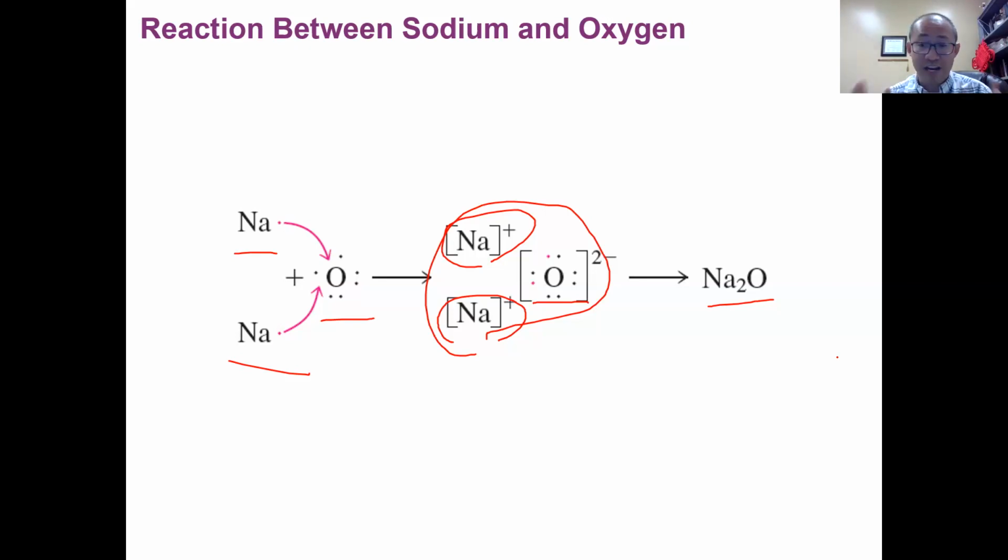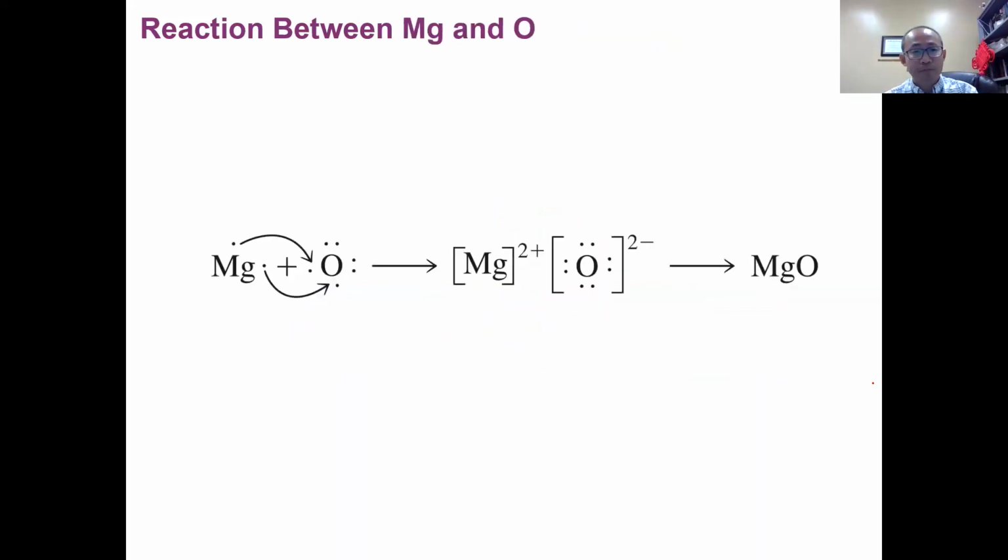Okay, I would know if you watch this video or not when you show your work in your test and quizzes. Because if you watch the video, you know I emphasize that you need to use the same sequence. Draw the Lewis structure of the atoms, show the transfer, show the ions, and then show the formula, 2 arrows. Okay, one more example.